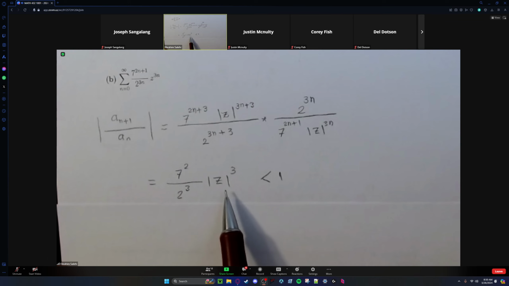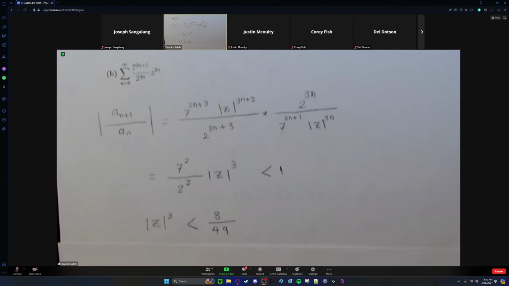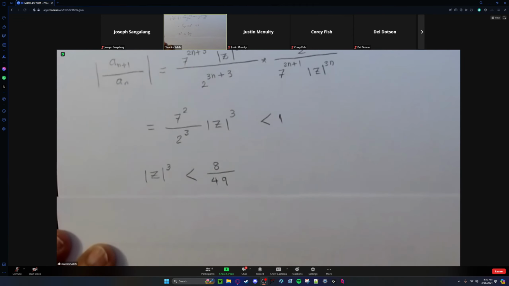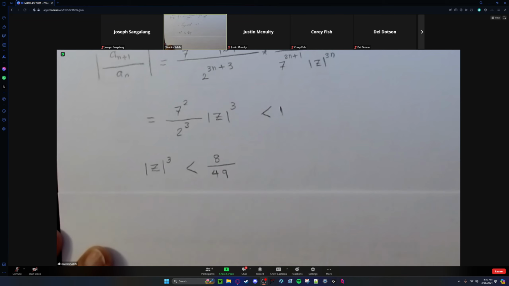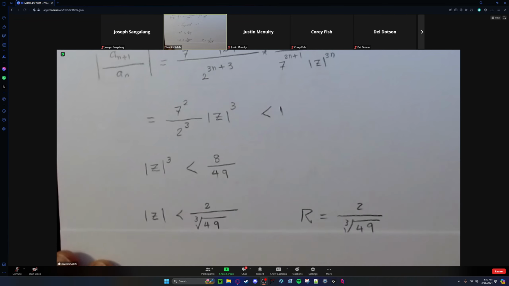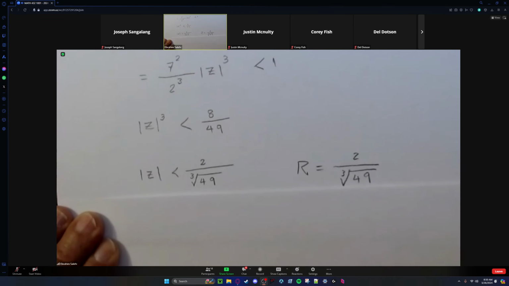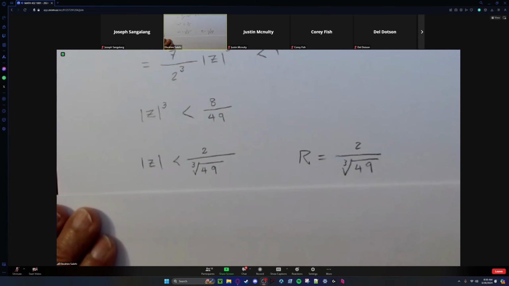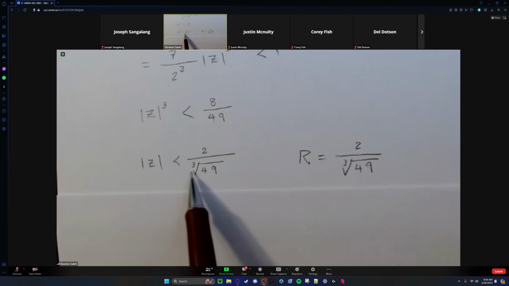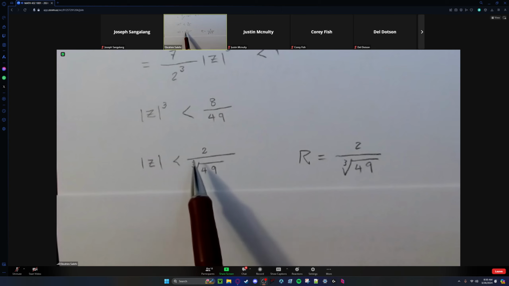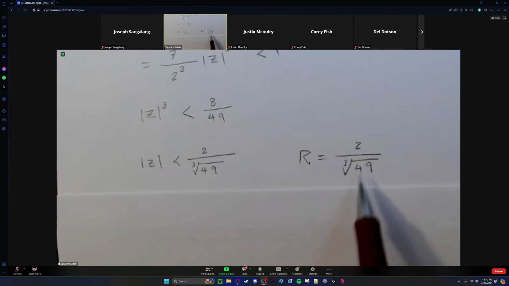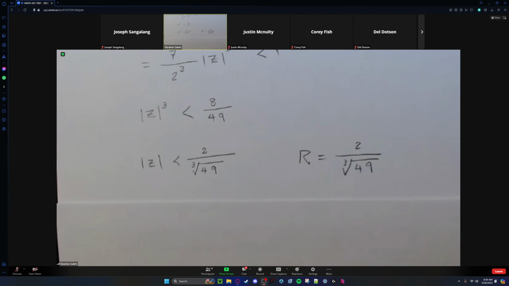And this less than 1, of course, you want to isolate z, means this, and then you take the third root. That's it. Z has to be less than this number, and that number is the radius of convergence. Okay? That number is the radius of convergence.